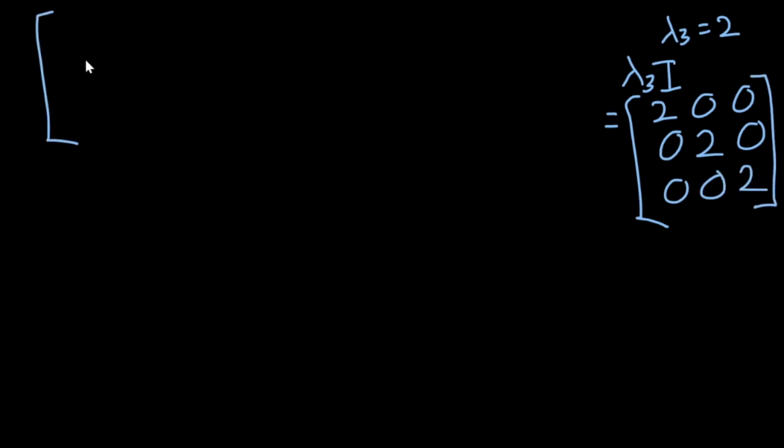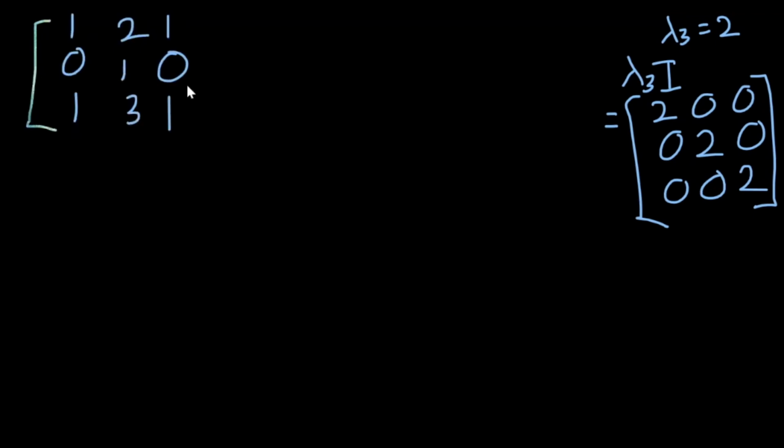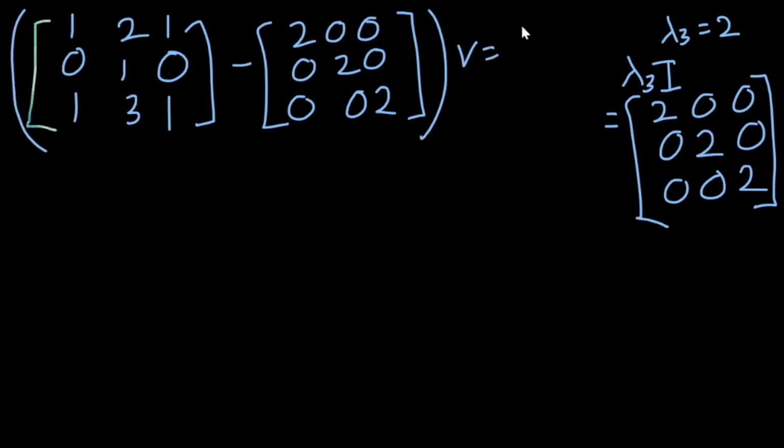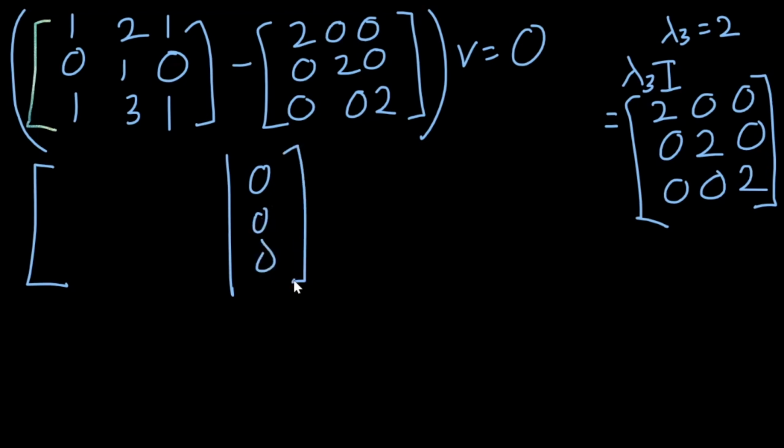So A minus lambda 3I would be A, which is 1, 2, 1, 0, 1, 0, 1, 3, 1, minus 2, 0, 0, 0, 2, 0, 0, 0, 2, multiplied by V equals to 0. So I'm going to rewrite this as an augmented matrix. 1 minus 2 is negative 1.